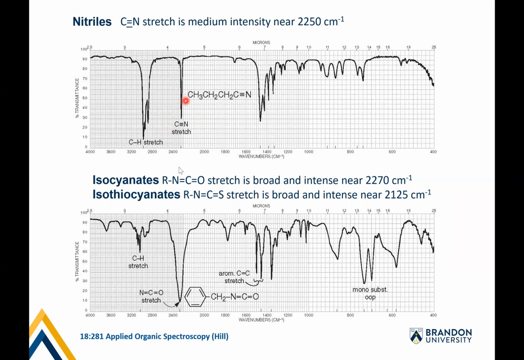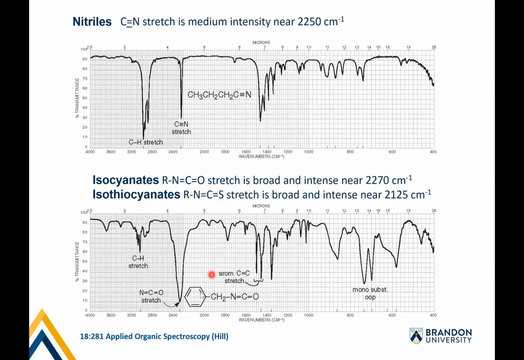Now, there are some functional groups that are similar to nitriles, similar to ketenes, and these are the isocyanates or the isothiocyanates. So remember, in both of these instances right here, this carbon is sp hybridized. And they show up in a similar region as an sp hybridized carbon here. 2270, 2125. Of course, we could figure out why this is lower based just upon the reduced mass of oxygen and sulfur.